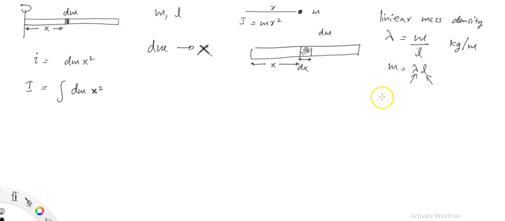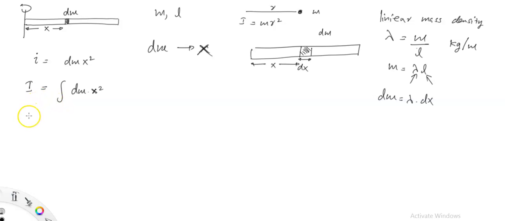In the same way, dm is lambda times dx, right? And lambda I can find if I know the mass, for example 10 kilograms divided by 2 meters. So using this, now I'm going to replace this integral.